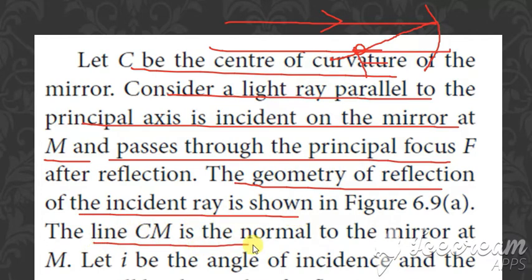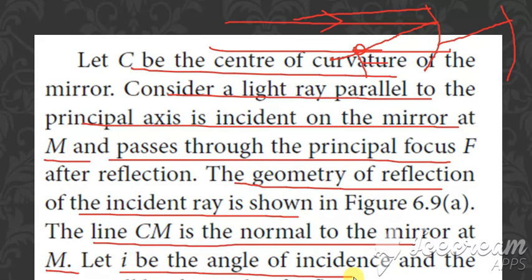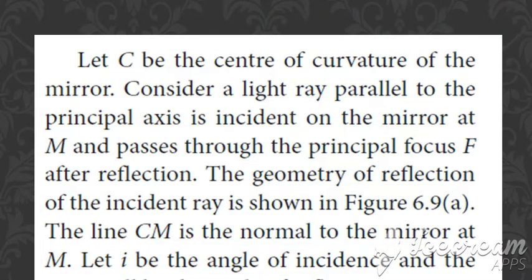Then the line CM is normal to the mirror at the point M. From C we are drawing CM, that is normal to this mirror. Normal means what? Perpendicular. Let I be the angle of incidence, and the same will be the angle of reflection also.